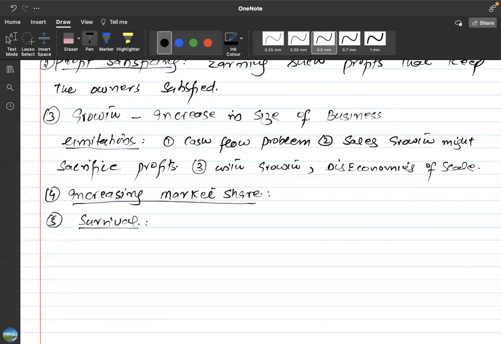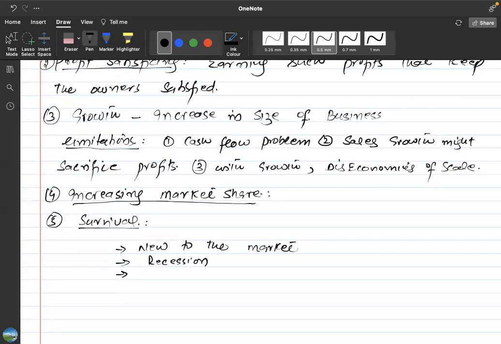Survival is an objective when businesses are unable to maximize the profit. That might happen in certain situations. For example, businesses are new to the market. For example, businesses are facing an economic recession when the aggregate demand in the whole economy is falling, and it's not possible to increase profit at that time.